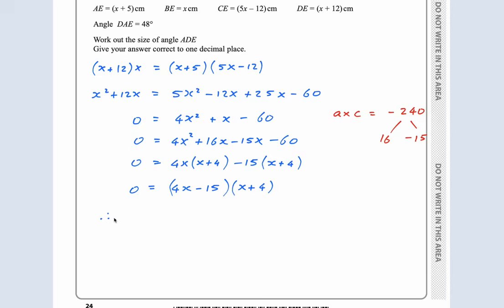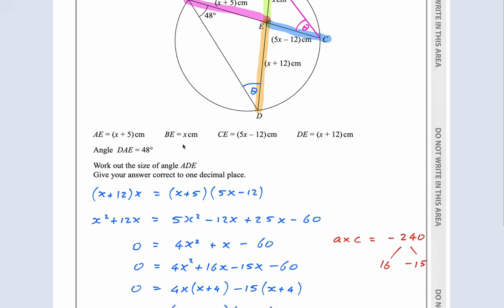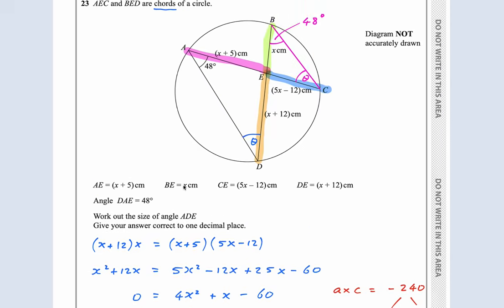Therefore 4x minus 15 equals 0, 4x equals 15, and x is 15 over 4. Okay, x cannot be negative 4, so I can't use this solution because x has to be positive because it's the length, and one of the lengths is x.